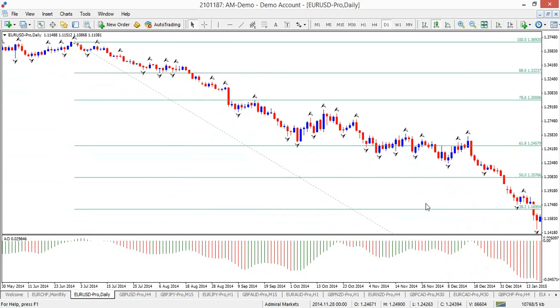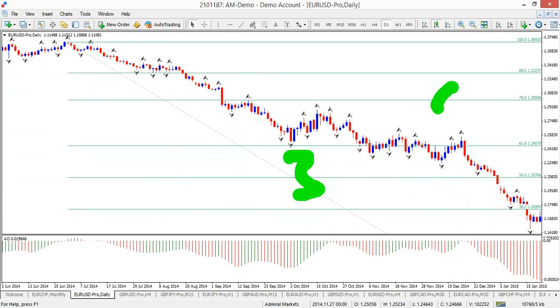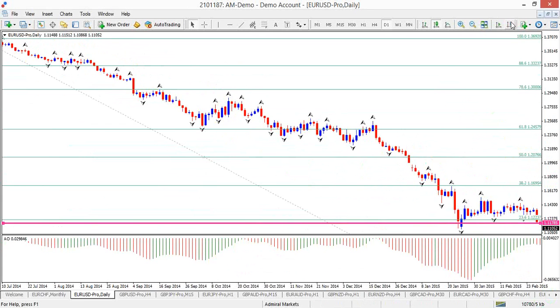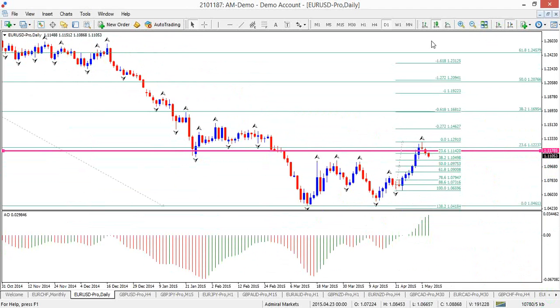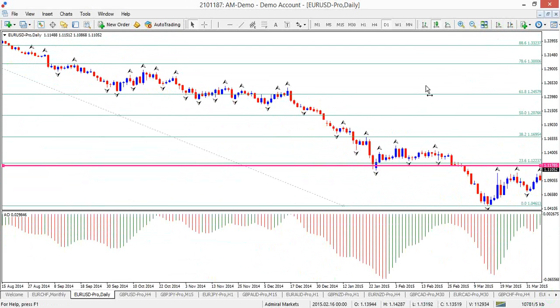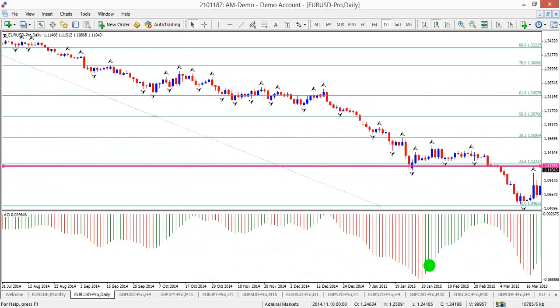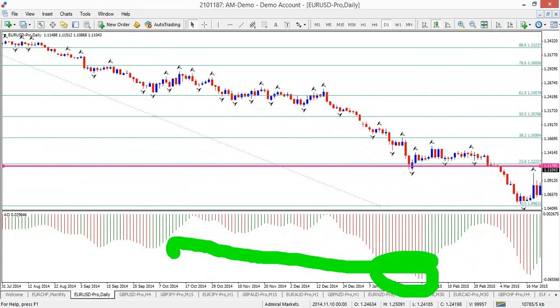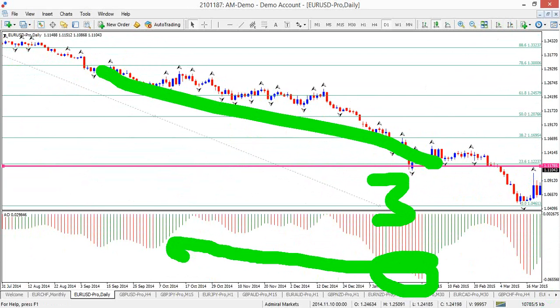Now, some might consider this a wave 3 and this a wave 4 and that a wave 5. But why I don't do that is because if I look at the oscillator, the wave 3 is typically the strongest. This is the strongest, a lot stronger than this one. So that's one of the reasons I consider this total a wave 3.